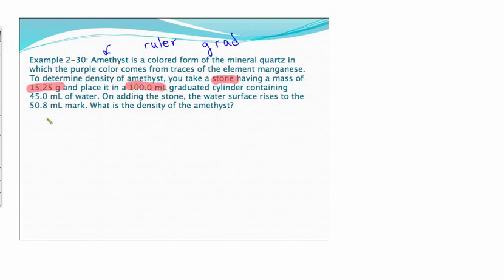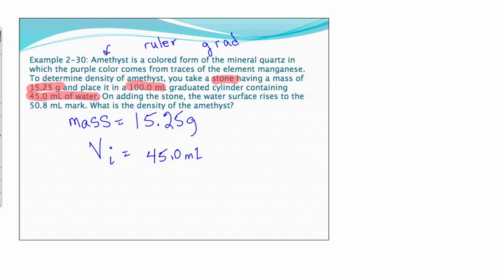We took a 100 milliliter graduated cylinder, and we added water up to the 45.0 milliliter mark. So we have a mass, let me write that data down first, our mass of 15.25 grams. We have an initial volume in that graduated cylinder of 45.0 milliliters.